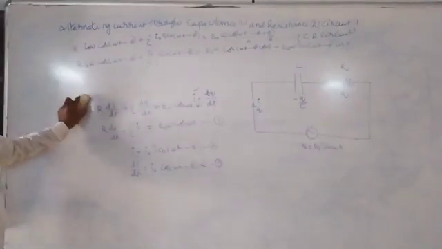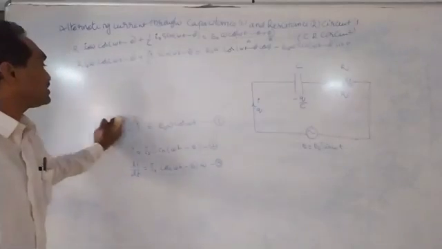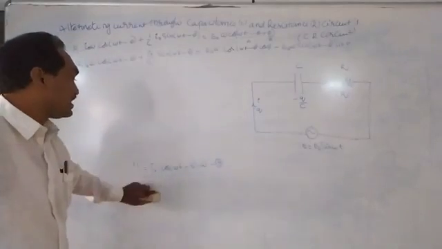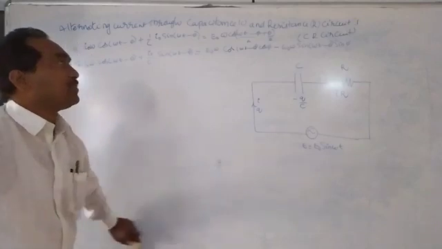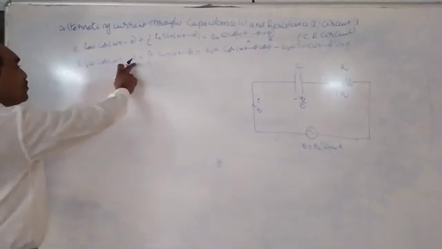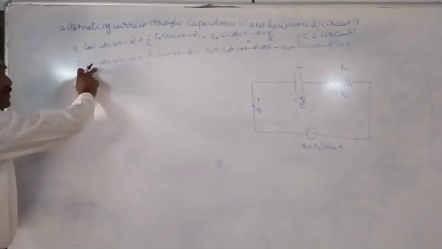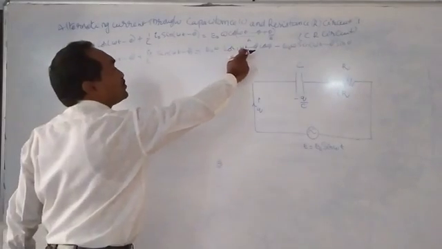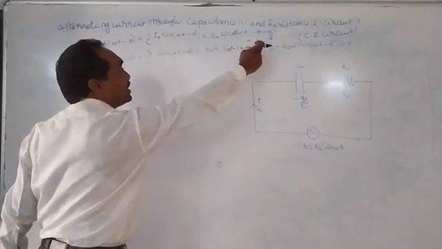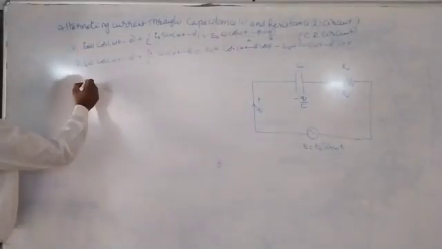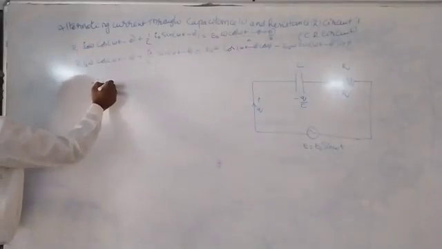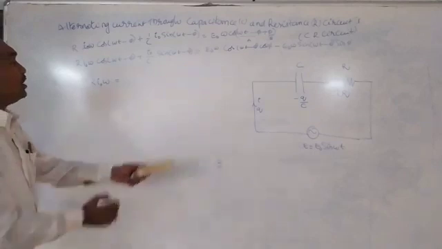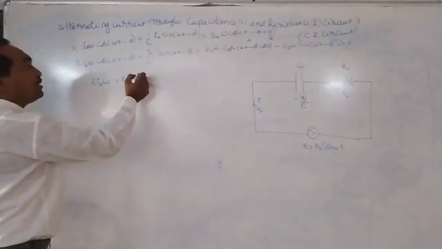Now equate the coefficients of cos(omega t minus phi) and sin(omega t minus phi). The coefficient of cos(omega t minus phi) is R I naught omega. Here the coefficient of cos(omega t minus phi) is E naught omega cos phi. When equated, R I naught omega is equal to E naught omega cos phi.